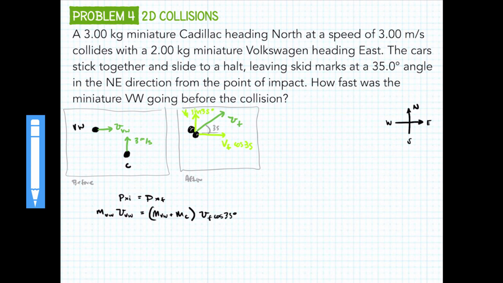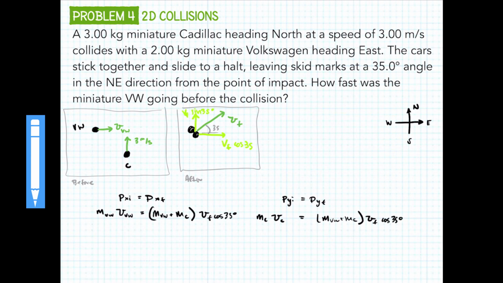Okay, but remember this is a vector, so that means we also have the y direction, so momentum y initial, momentum y final. In the initial direction we have mass Cadillac, velocity Cadillac, and then we have mass Volkswagen plus mass Cadillac, velocity final sine 35 degrees.